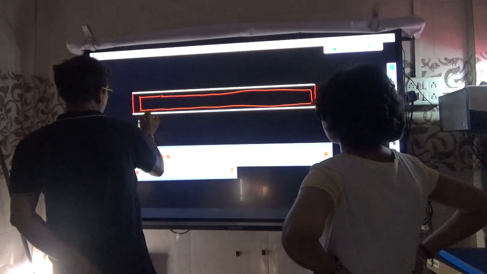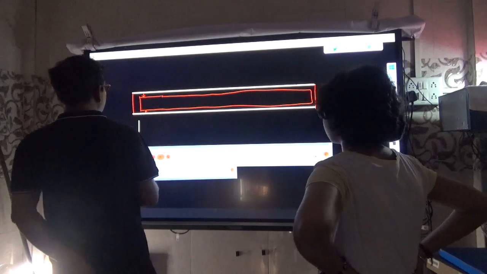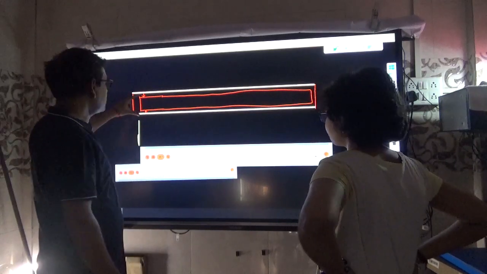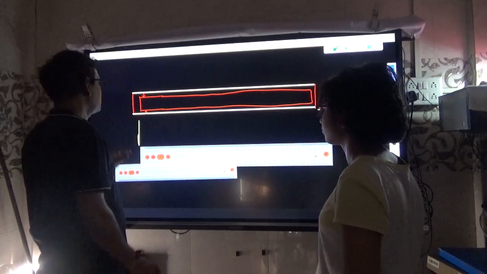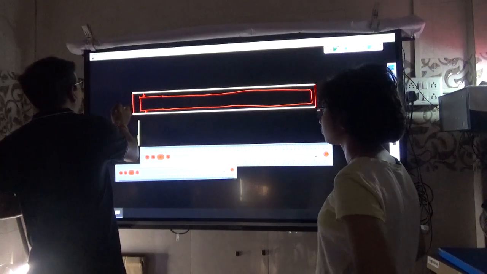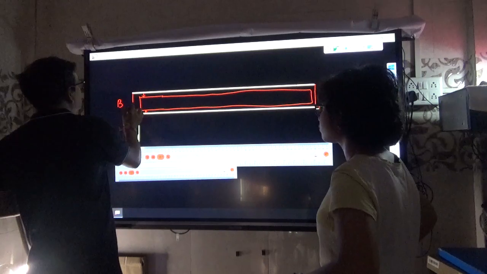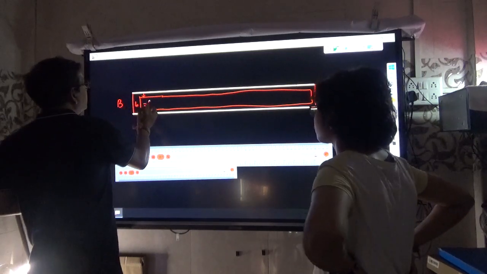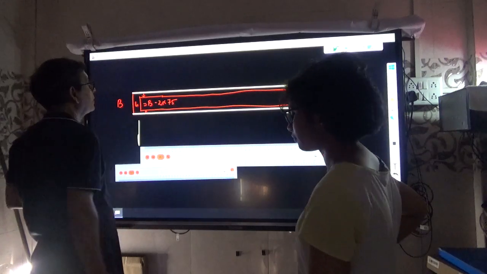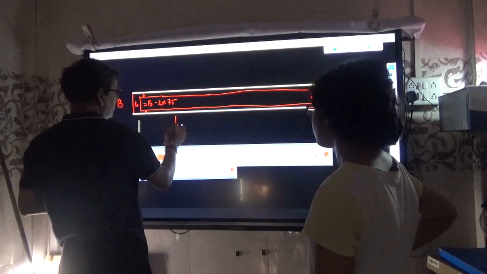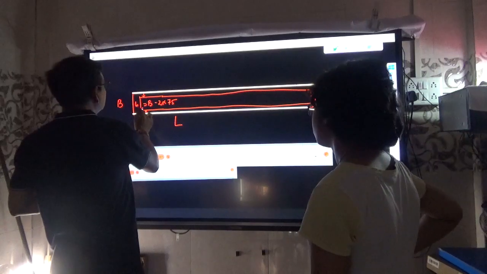So the breadth is minimized by how much? 75 centimeters. So if the actual breadth is, suppose, capital B, this small breadth will be capital B minus 2 into 75 centimeters.